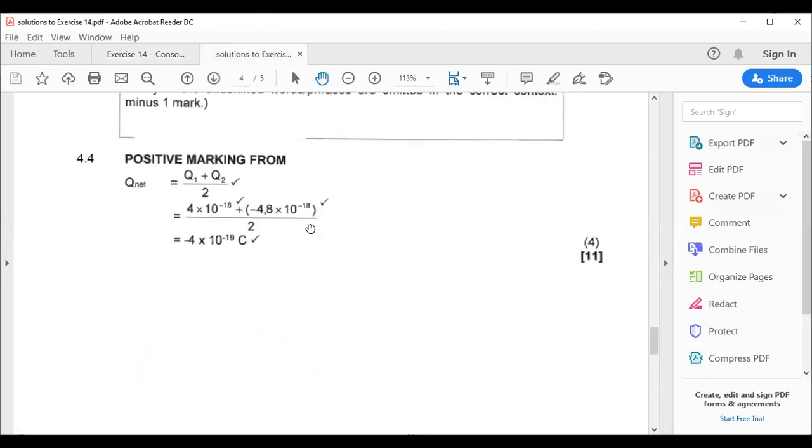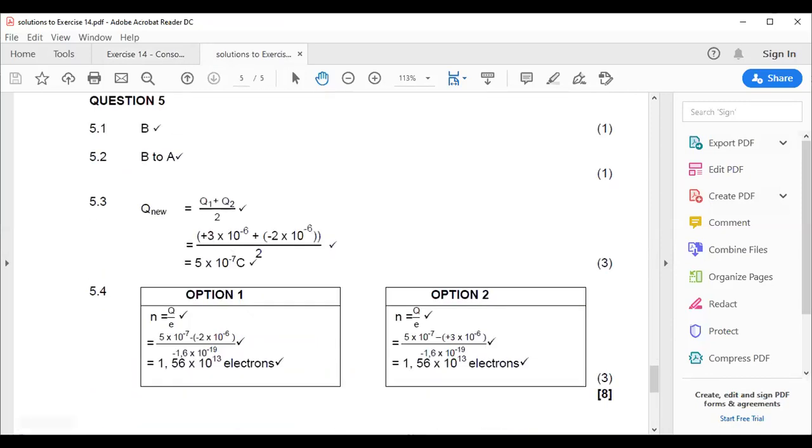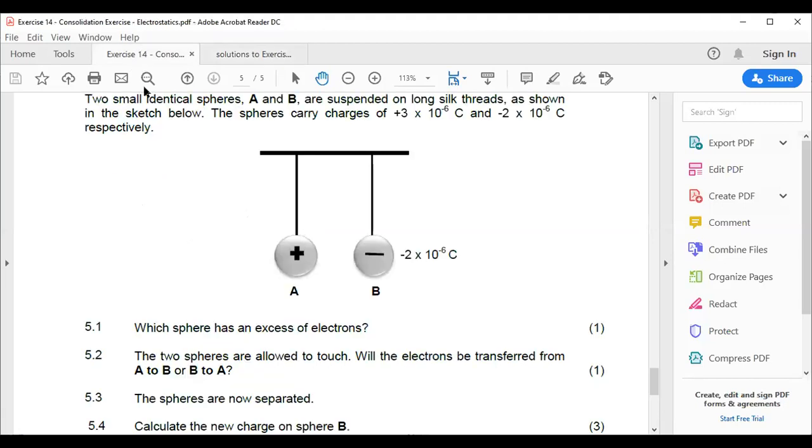So you take 3 times 10 to the power -6 plus -2 times 10 to the power -6, divided by 2. Then you get your answer, 5 times 10 to the power -7. That will be your answer for this one. Then you move on to the next one.